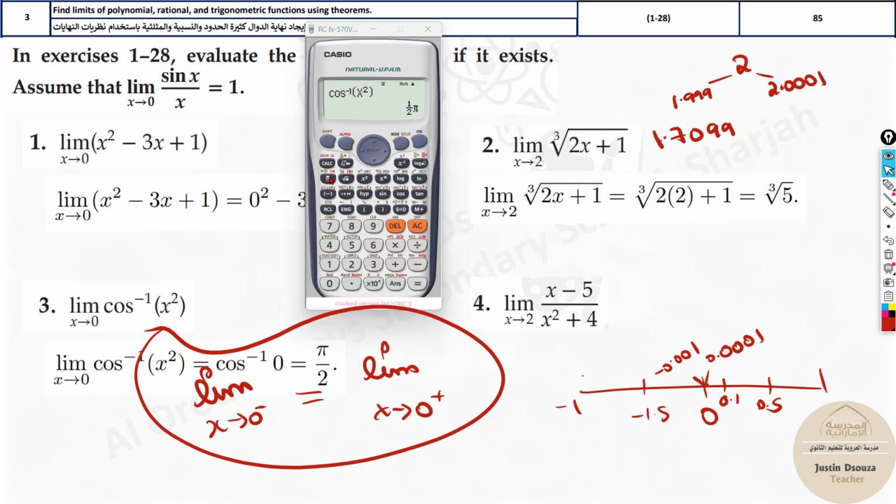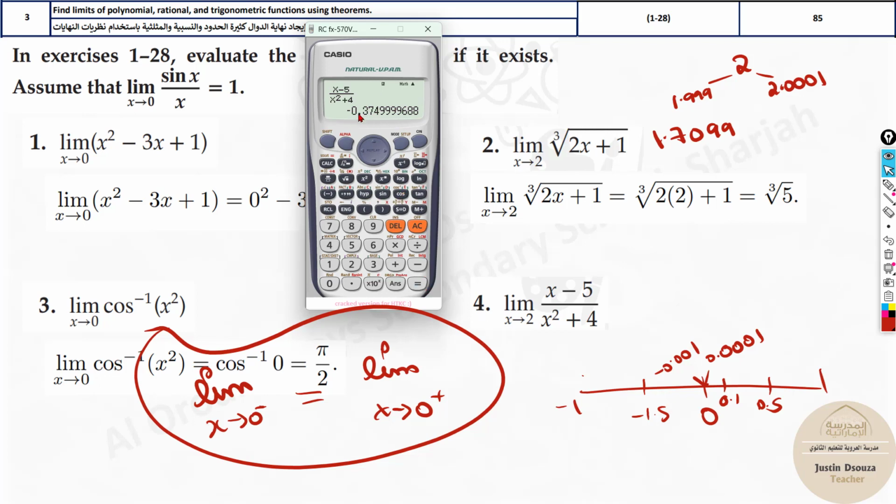All you need to do is type this equation as it is, alpha x minus 5 divided by alpha x squared plus 4, and then calc at a value close to 2. You have here 1.999, and that is negative 0.375, and also do the right side, calc at 2.00001, and you're getting, okay, what did we get?